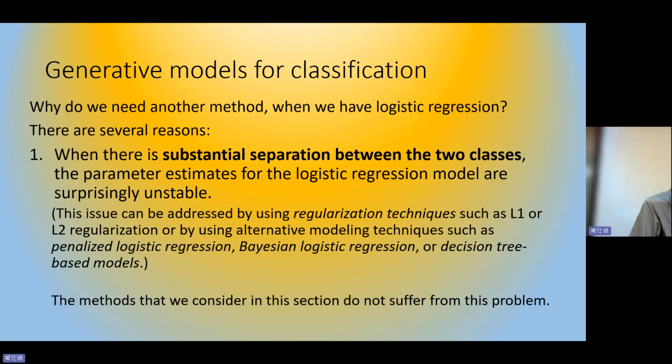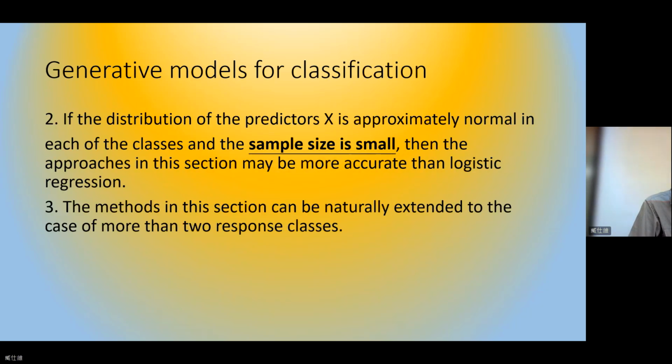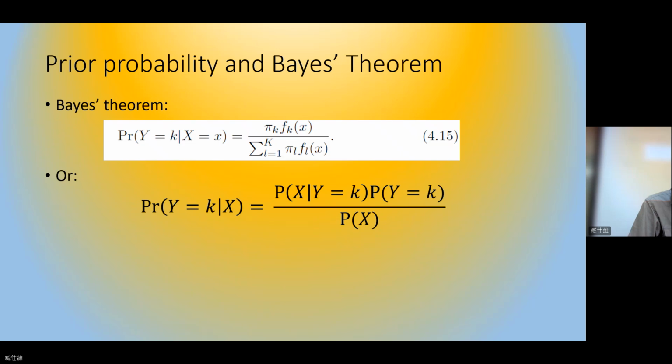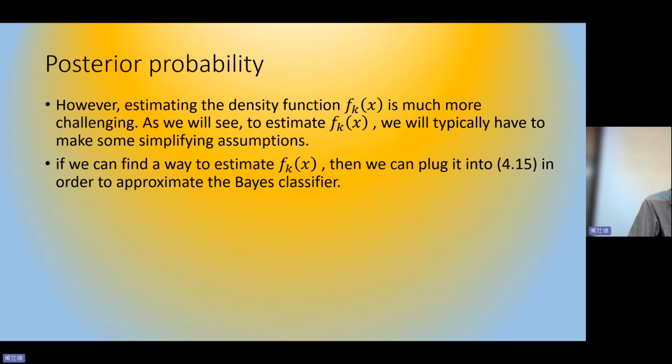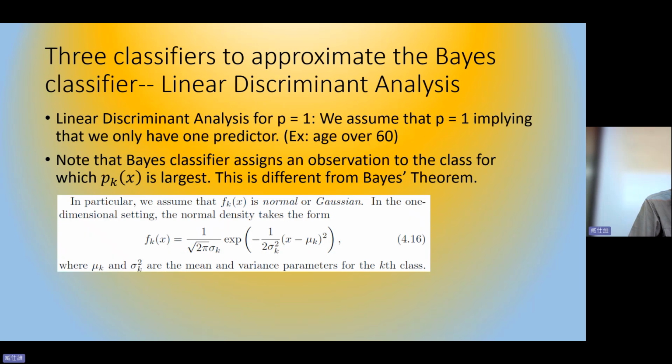Okay, so this is about the prior probability of Bayesian and the posterior. We mentioned that. First is about the LDA, linear discriminant analysis.